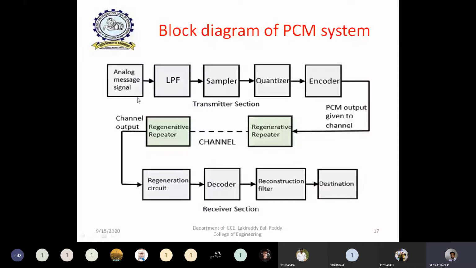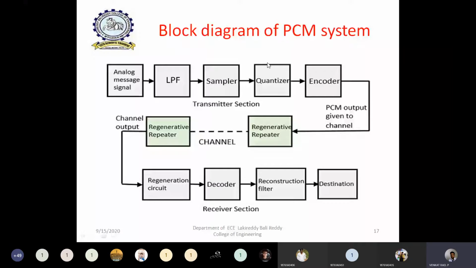In order to convert analog signal to digital signal, the fundamental blocks we need are sampling, quantization, and encoding. Initially the analog signal is low pass filtered and band limited to some frequency, and this input analog signal is passed through a sampler. After that we get a sampled signal by using some sampling frequency or sampling rate.